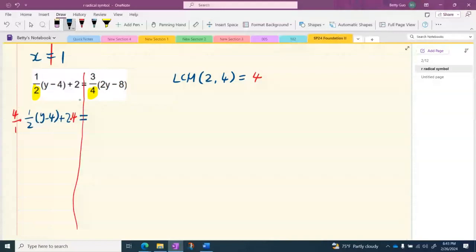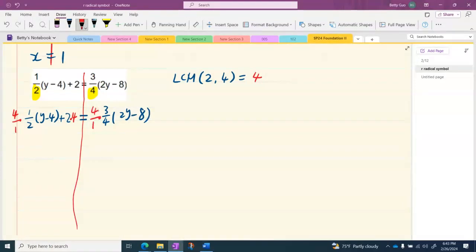So the structure of this equation is, the left side is a group plus the number 2. On the right side, we have another group, 3 over 4 times 2y minus 8. For this group, we multiply by 4, the whole group. Does that make sense, guys?